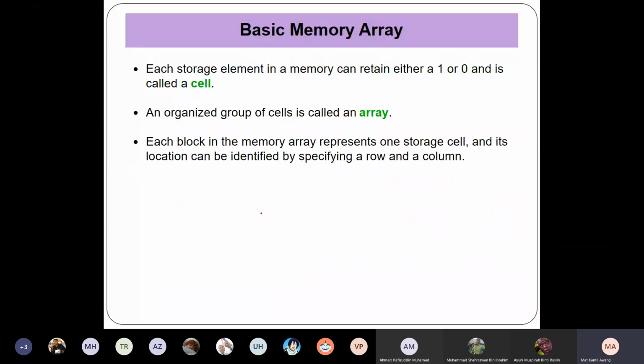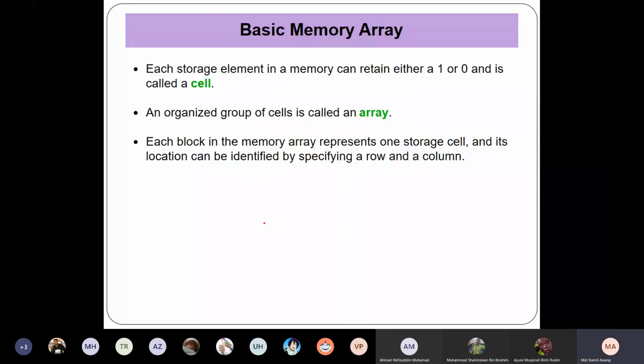Basic memory array. Data is stored in a memory in the form of an array. Each storage element in a memory can retain either a 1 or 0, and it is called a cell. So 1 bit is stored in a cell.